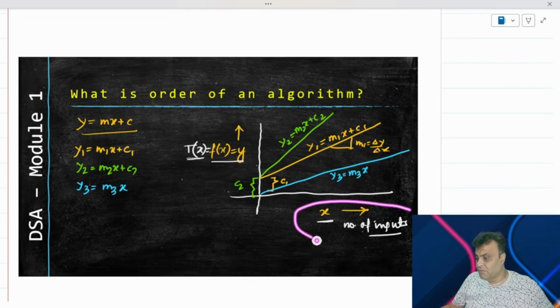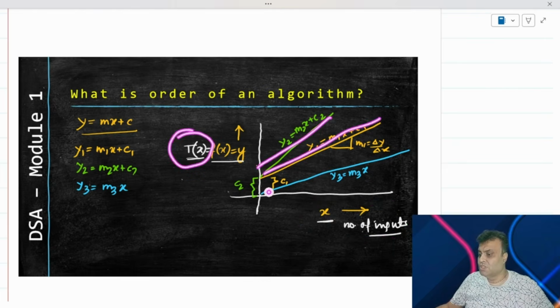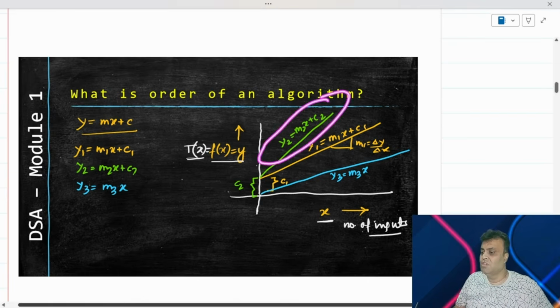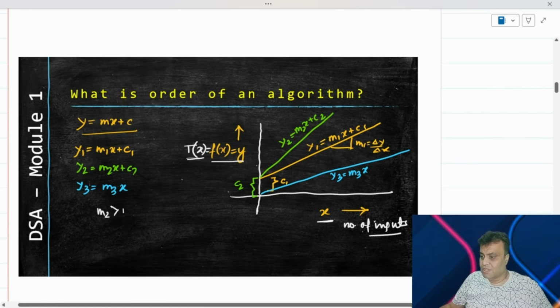The more I give x, the more the time taken to execute the algorithm will increase. So if the time taken by an algorithm is represented by y2 equal to m2 x plus c2, you can see that m2 is greater than m1. What does that mean? That means that a small change of x produces a large change of y for m2.